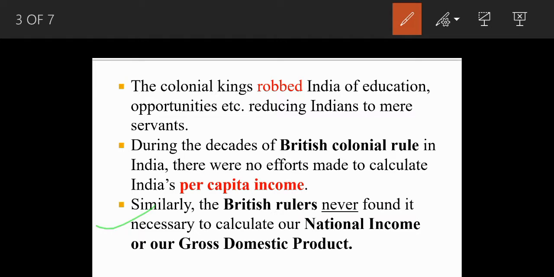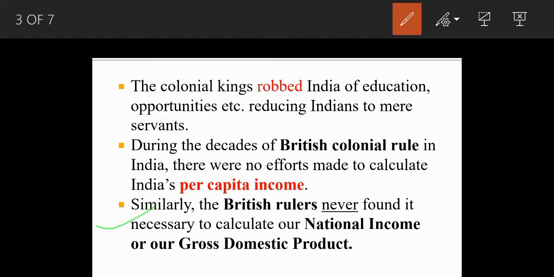As we studied in the previous video about the motive behind British rule, they wanted to capture India and use all the resources available in abundance in the country, and they were using Indians as targeted servants, right?